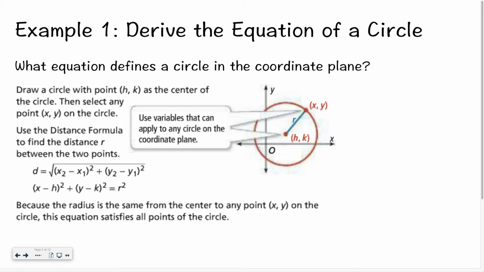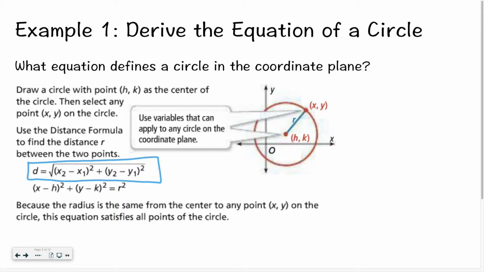So what equation defines a circle in the coordinate plane? Well, there's a lot of words on the board right now, but what I want you to focus on first is, let's look at this. So we have the distance formula. You should be very familiar with this by this point.